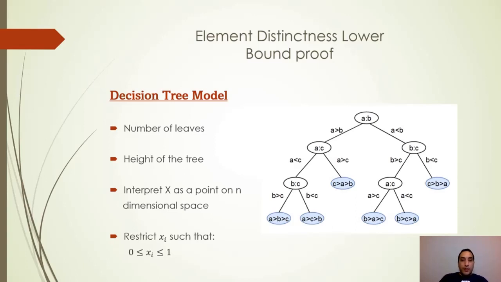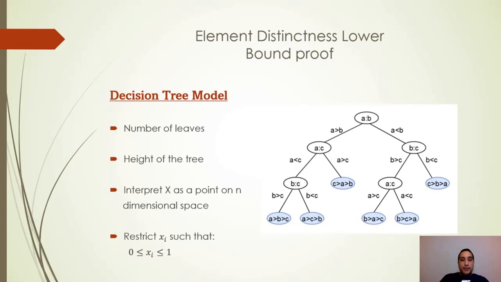And the more elements we have, the more leaves we will end up with in the model. In general, if we have n elements in the sorting problem, we will have n factorial leaves. Each leaf is a possible solution. One of the leaves is the solution for the sorting problem.